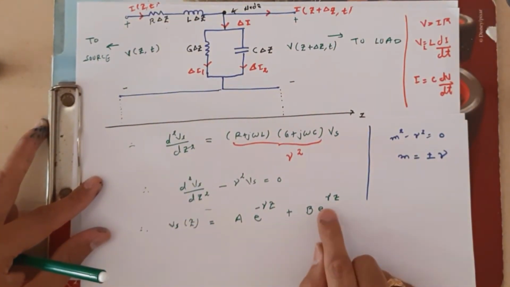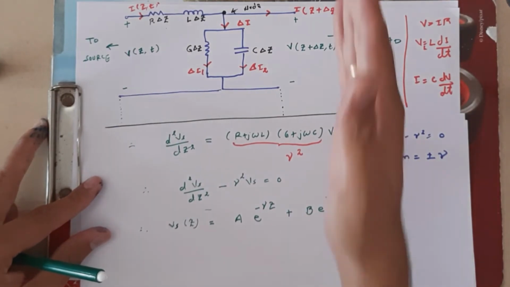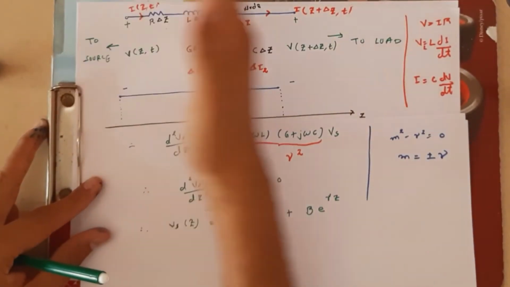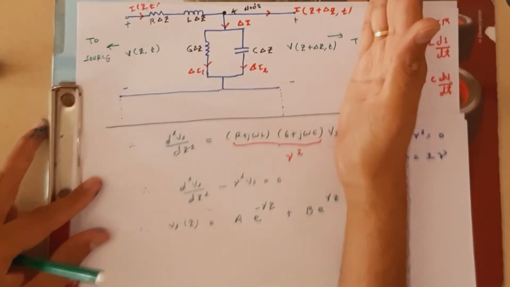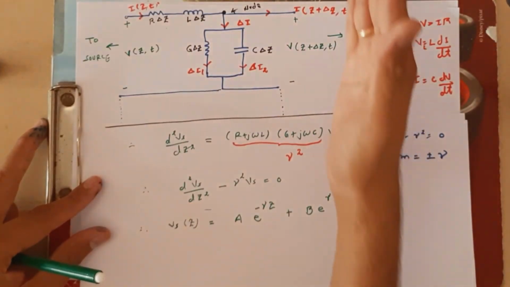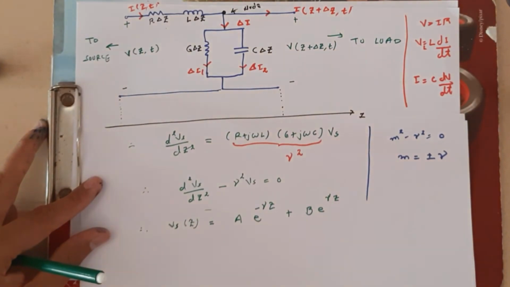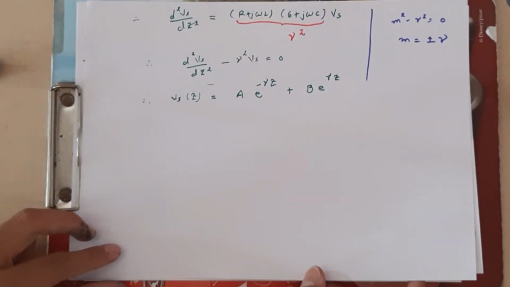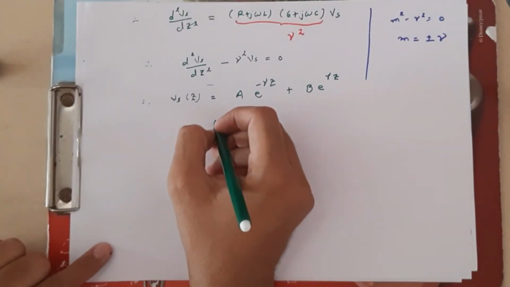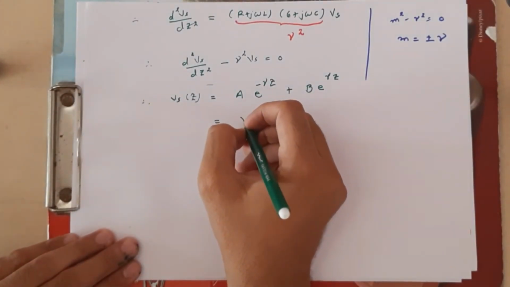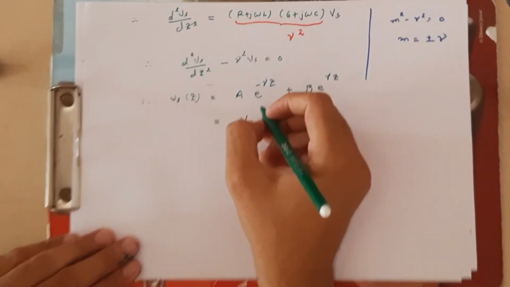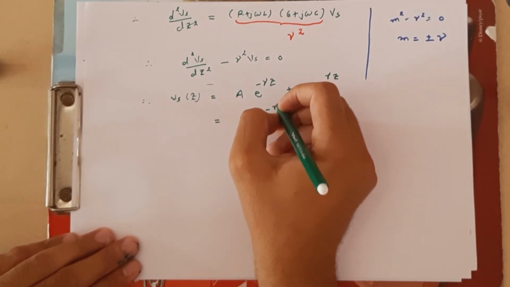What about this other term? It is exponentially increasing, that means from load to the source, from 90 to 100, so it's a negative voltage propagation. Clear? So both the terms are valid. So you can write it this way, what is A0? A0 is the maximum value of voltage, which is V0, e raised to minus gamma Z.